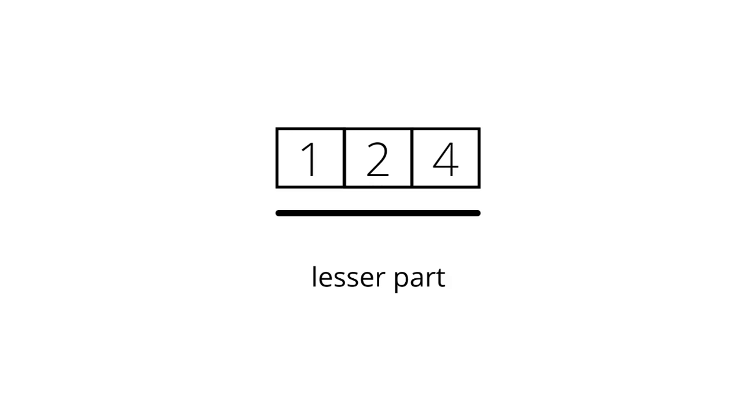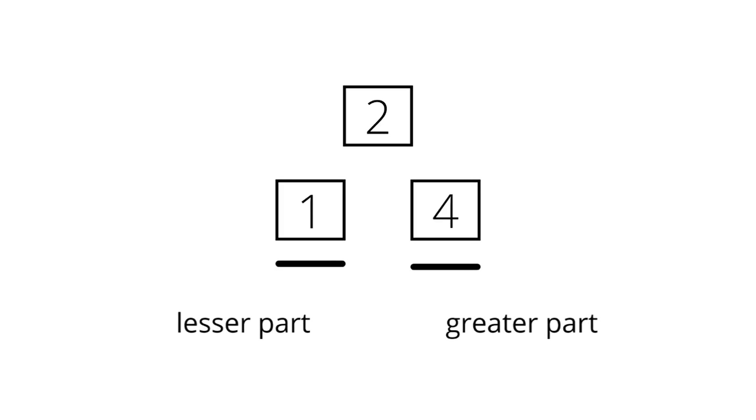We choose the middle element, which is 2, and we do the same: whether 2 is equal to 4, or 2 is less than 4, or 2 is greater than 4. As 2 is less than 4, we choose the greater part, because as 2 is lesser than 4, then 1 will also be lesser than 4.